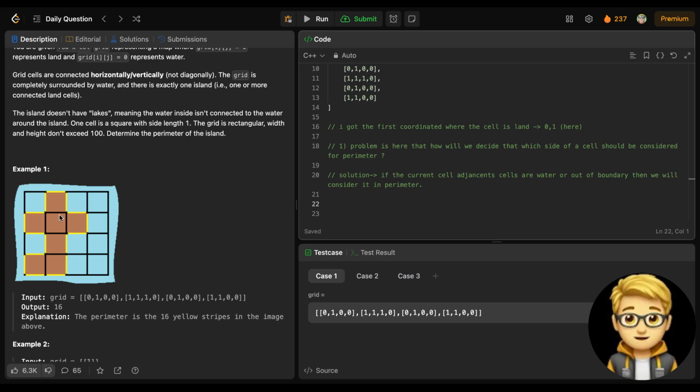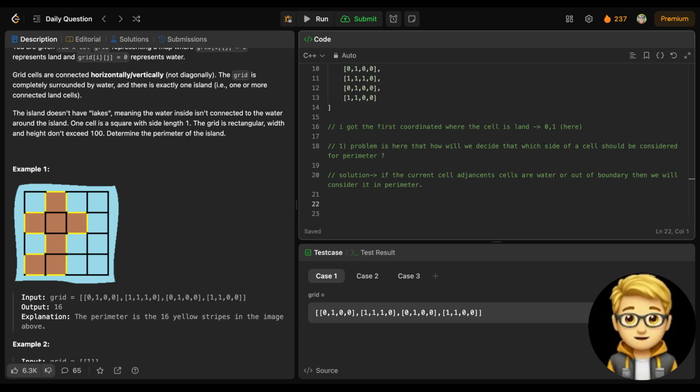So for that, I need to maintain a visited array, for not visiting the same part again.